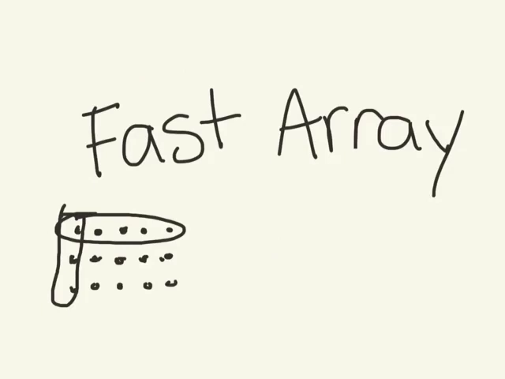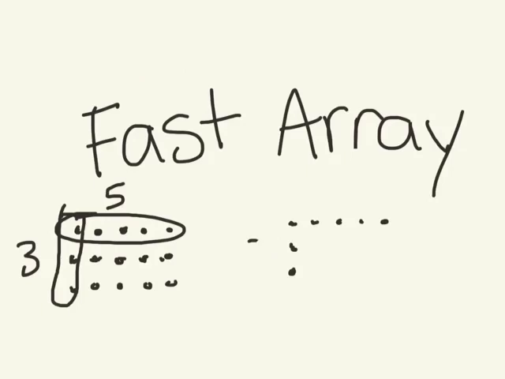Here's an example of how to do this exact 3 by 5 array as a fast array. If I know I have rows of 5, I'll make one row of 5. And I know that I have 3 rows, I can make going down to show 1, 2, 3.